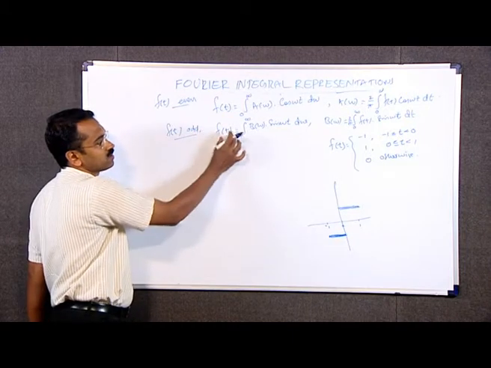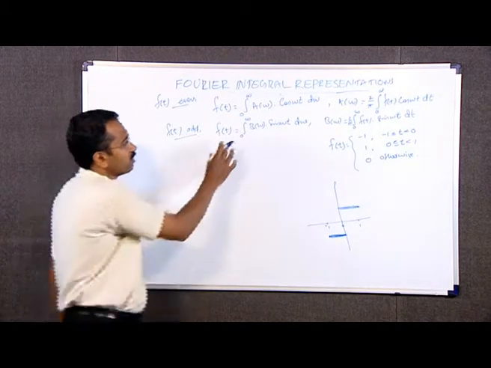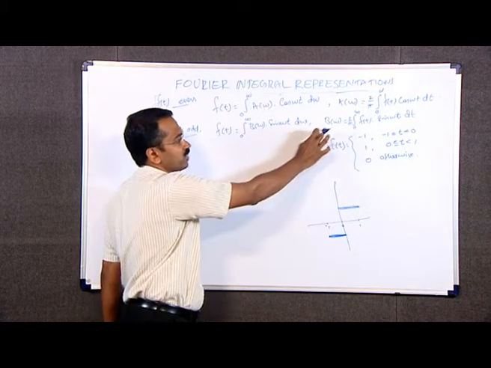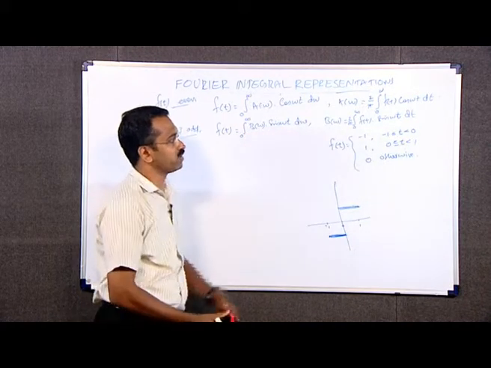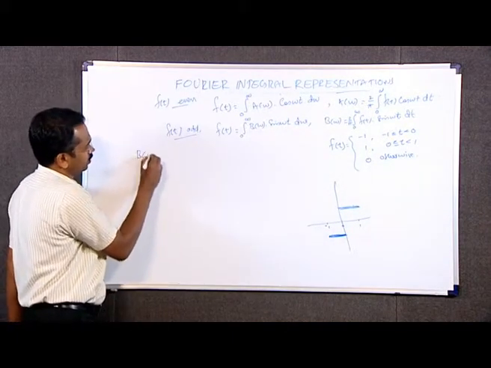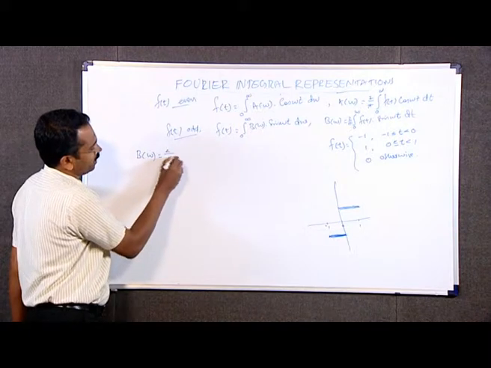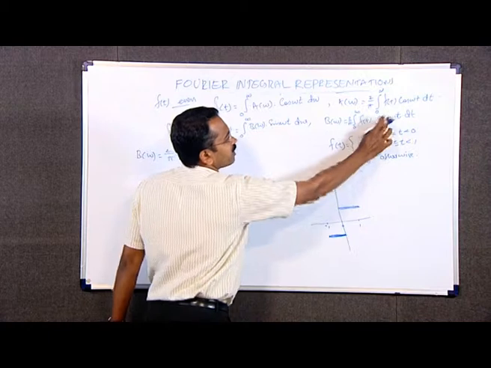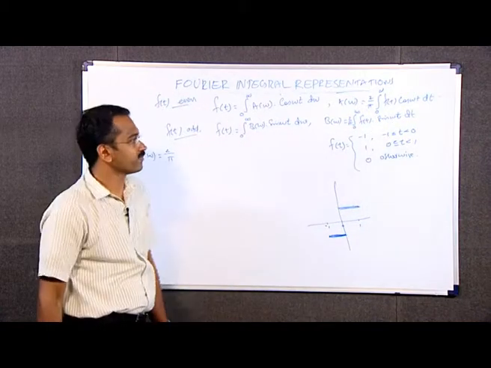If the function is odd, this is the representation: f of t equal to integral from 0 to infinity b omega into sin omega t d omega, where b omega is equal to 2 by pi into integral from 0 to infinity f of t into sin omega t dt.